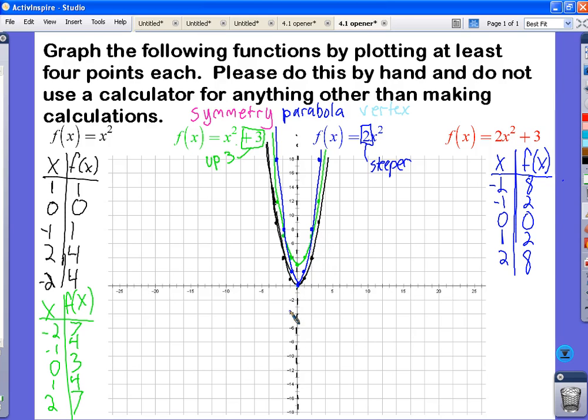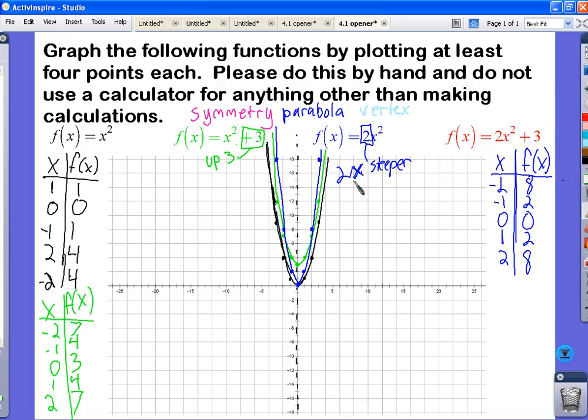So I just want to put that word in your heads, making you think this is steeper than this graph. When I look at this same x value and I look above here, this is much steeper than this is. How much steeper is it? 2 times steeper. Pretty straightforward.